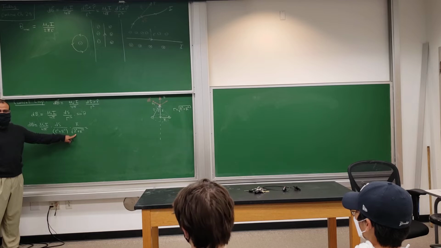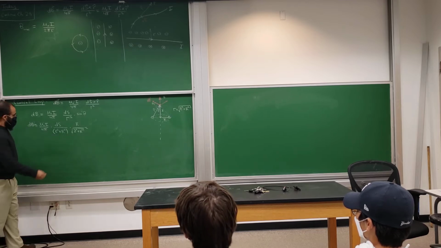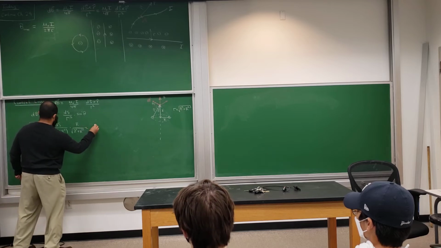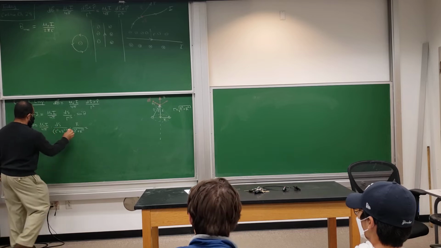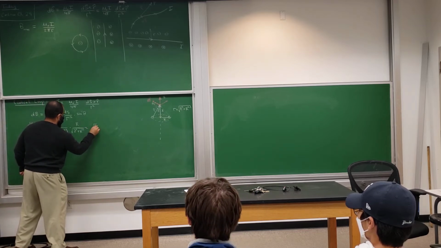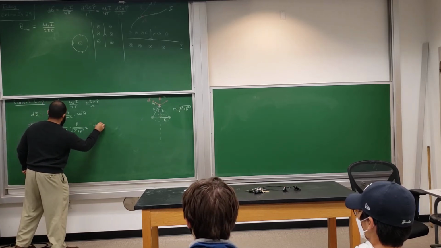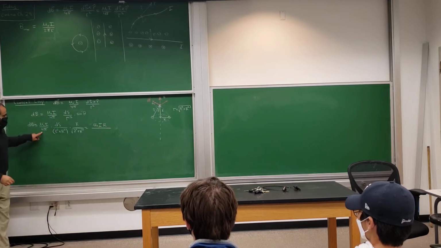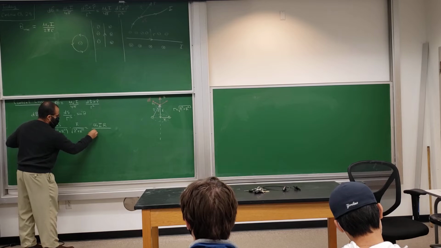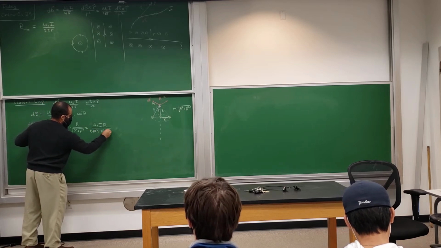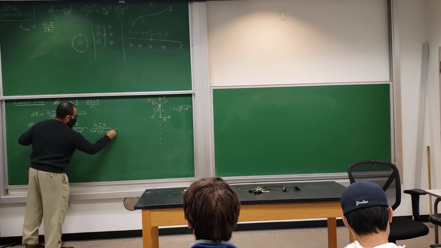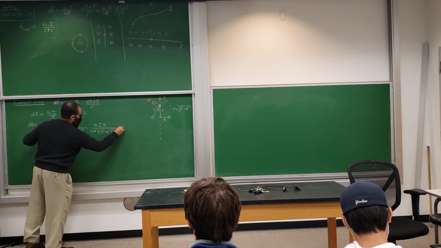When you multiply them, you get the power 1 1/2, or 3 over 2. And you get capital R here. So combining, you've got mu naught I times capital R over 4 pi, and then z squared plus R squared to the power 3 halves, times ds.